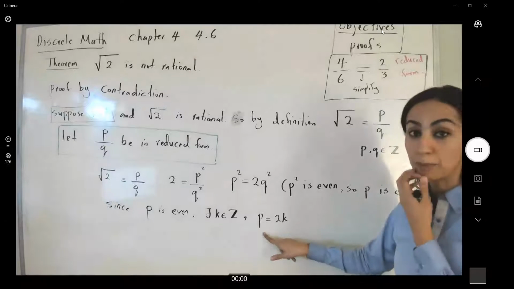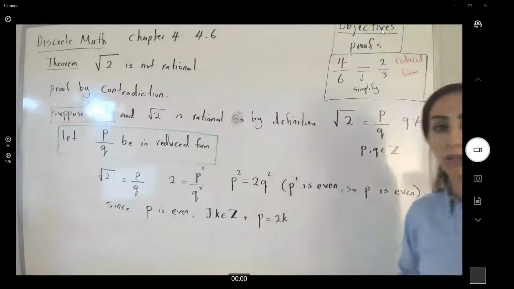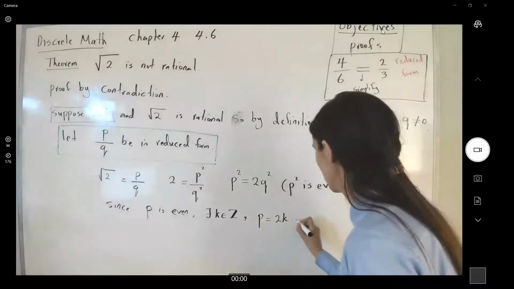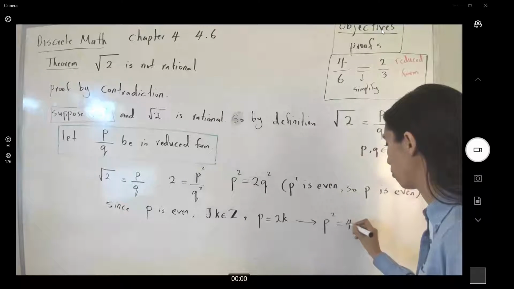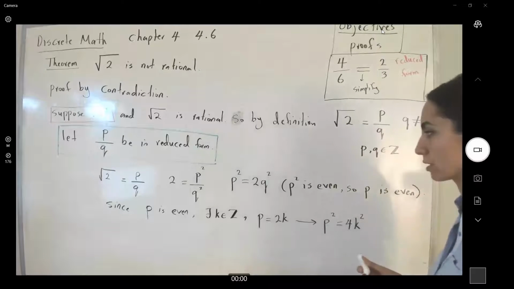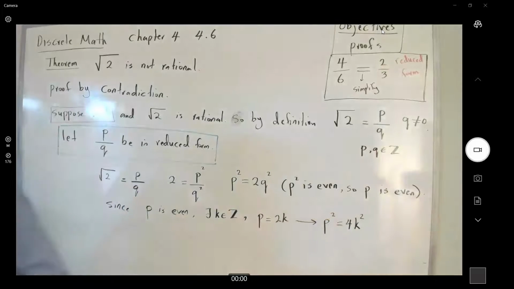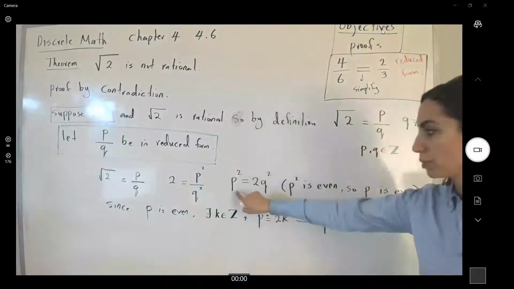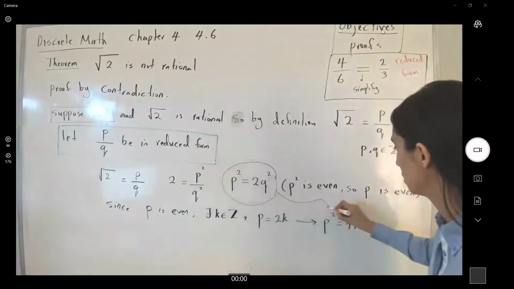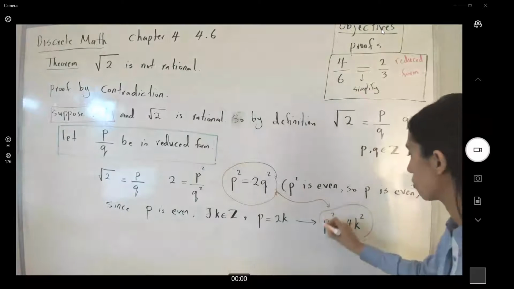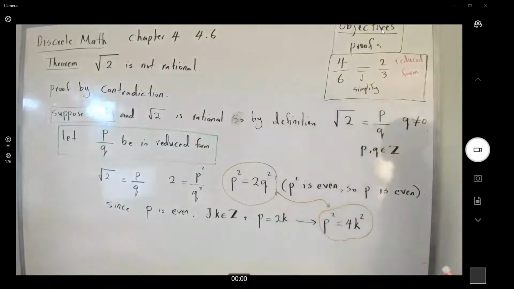So it means that P squared is 4k squared. Take a look at this: P squared is equal to 2q squared, and P squared is equal to 4k squared.